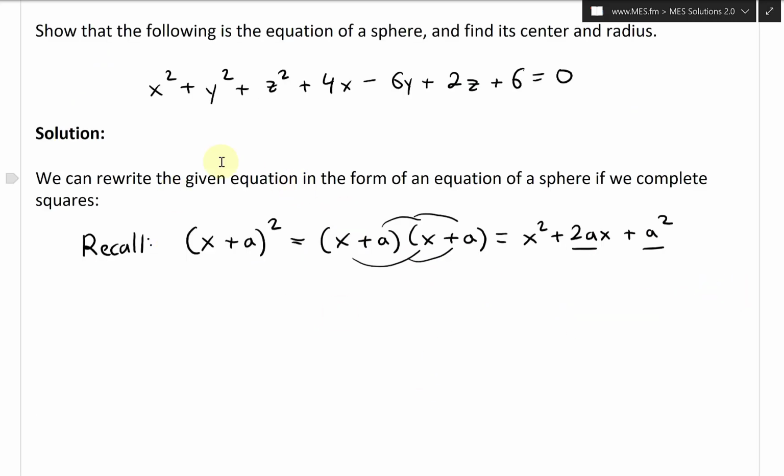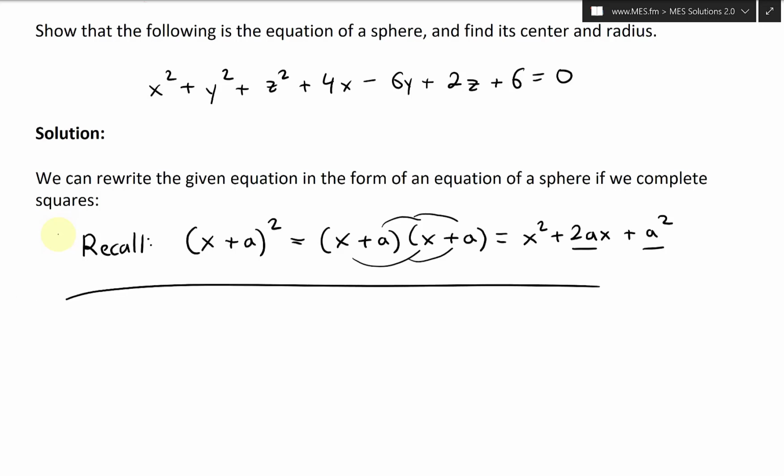Thus, we just need to write these x's, y's and z's all in this form so we can complete the square. Let's move this x over here, and just for completeness, let's write it all out. This is x squared plus 4x, and we put a bracket just to separate it.